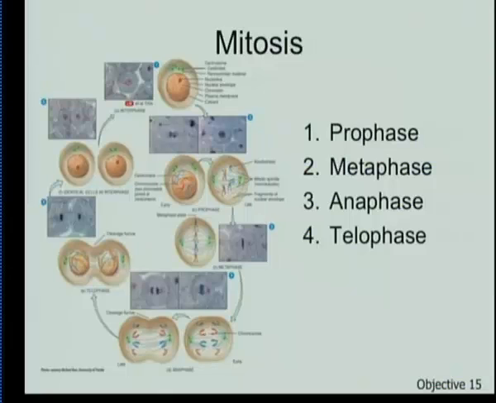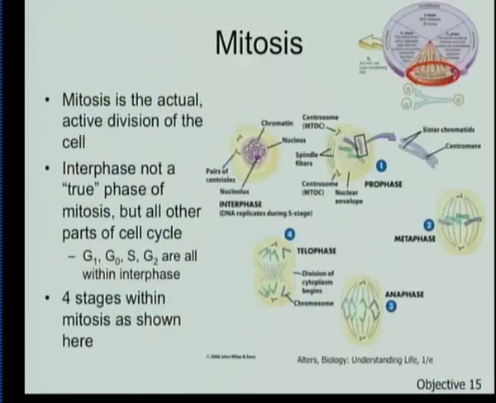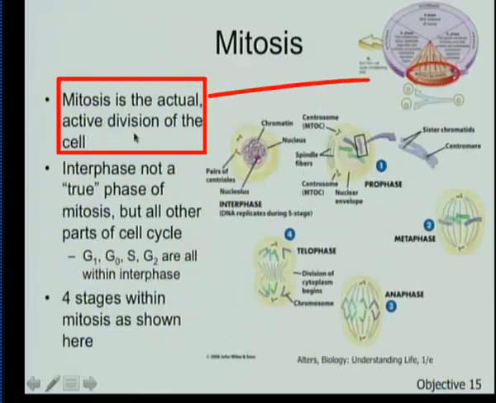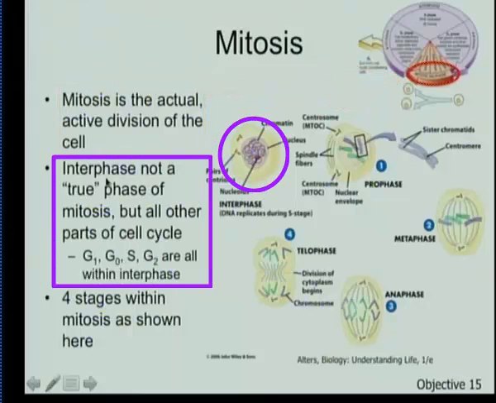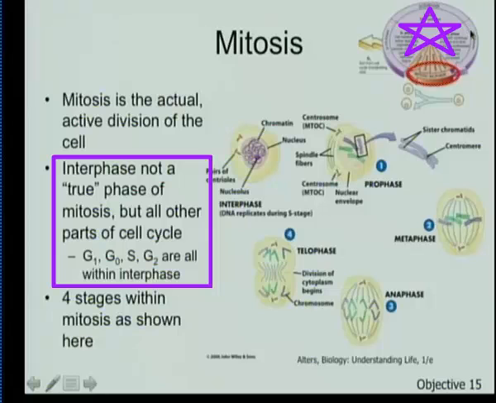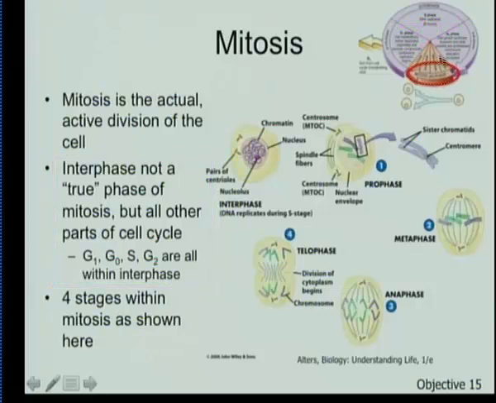Again, mitosis is the actual active division of the cell. We talk about interphase being part of the cell cycle, but it's not part of mitosis. Looking at our big cell cycle graphic, all of the violet or purple color is interphase. It's down here in this piece of the pie.